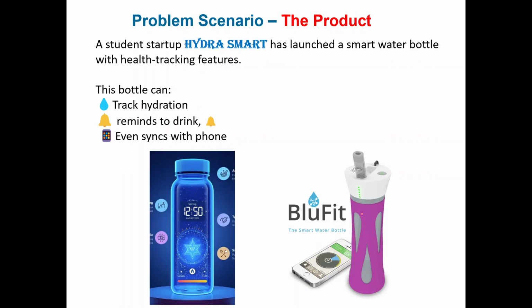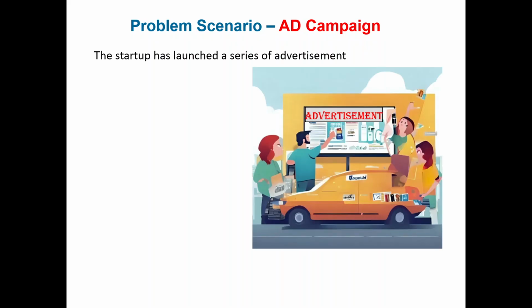So these 5,000 students are considered the potential users of this bottle, and the company has launched an ad campaign. Historically, the company thinks that these ads will have an effectiveness of around 1%.